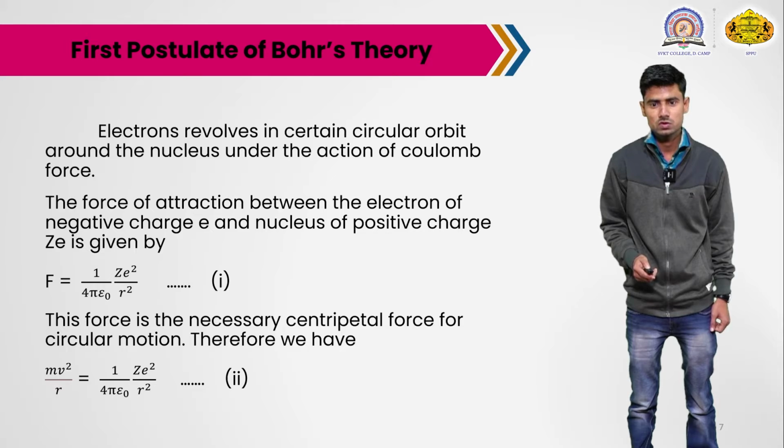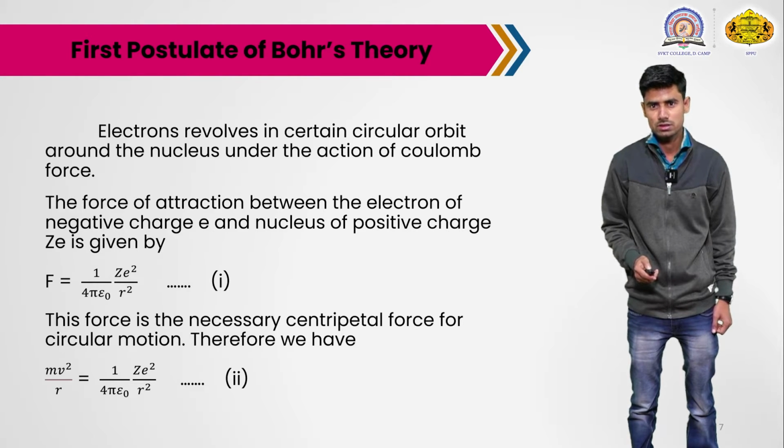This says that electrons only revolve in certain orbits. Here the word certain indicates the nature of those orbits: they are non-radiating orbits in which the electron does not radiate any energy. That is, those orbits are stable orbits.